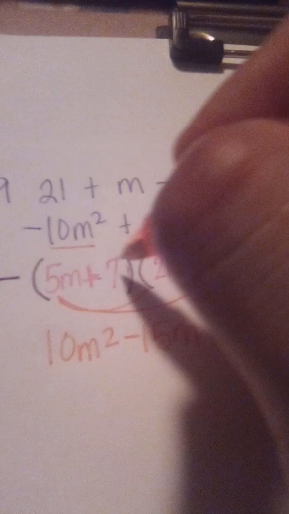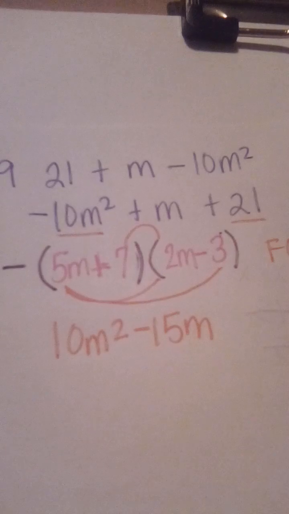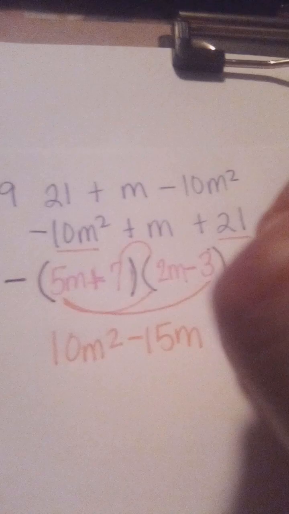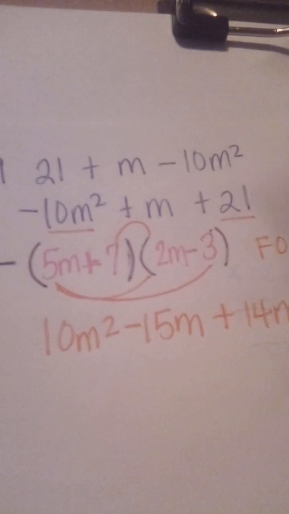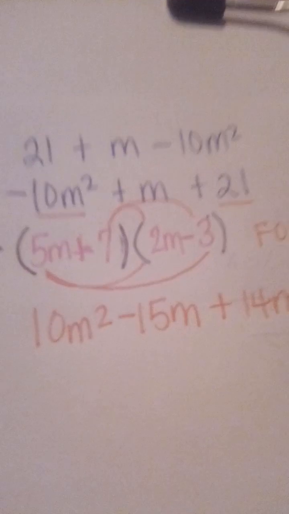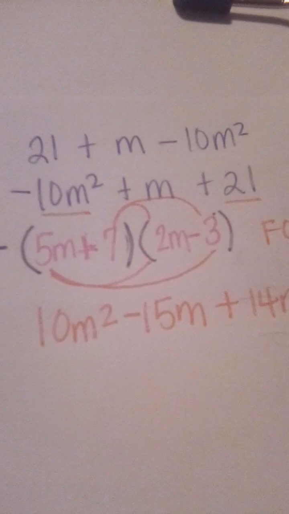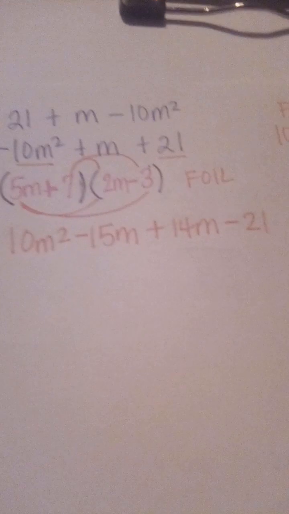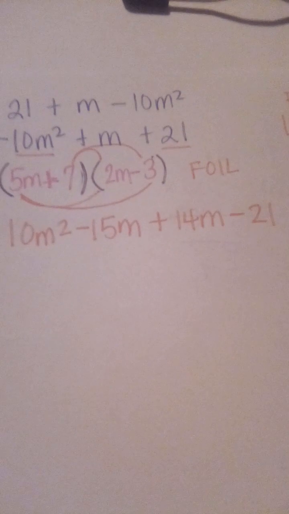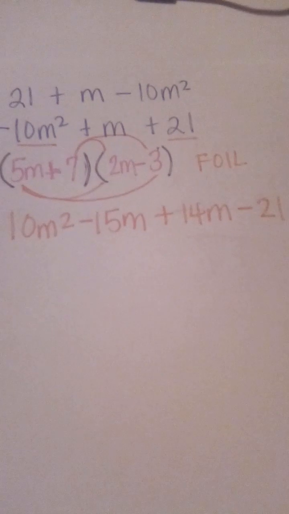Then we have 7 times 2m, that gives us a positive 14m. And then positive 7 times a negative 3, that gives us a negative 21. So we have completed the FOIL.